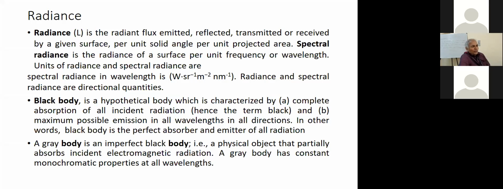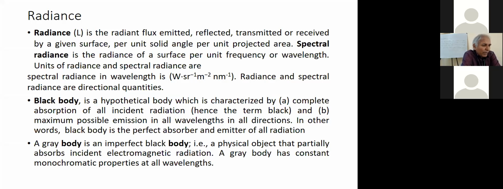As I told you, this is a hypothetical concept. However, we'll see that as far as the Earth's surface is concerned, as far as the thermal part of radiation, that's the infrared part of the radiation, is concerned, without loss of generality, we can assume the Earth's surface to be a black body. A body which is not black is defined as a gray body.